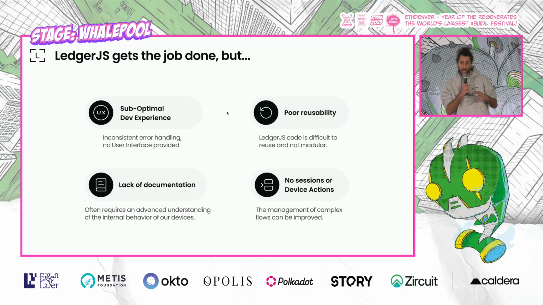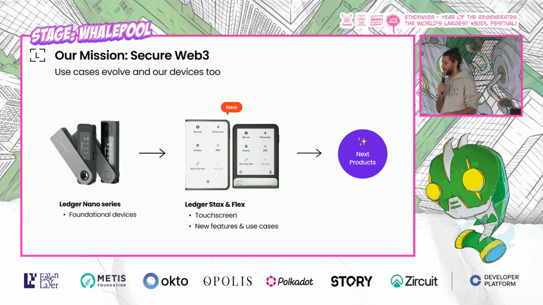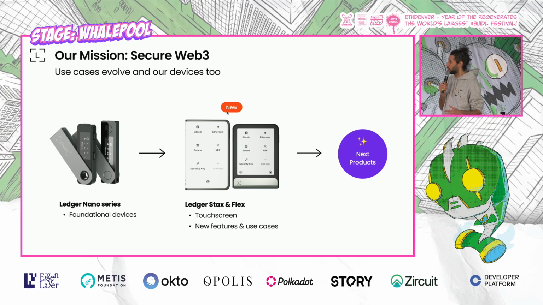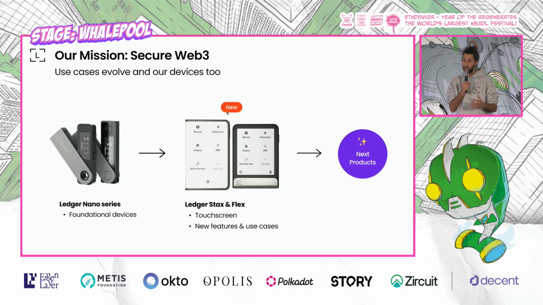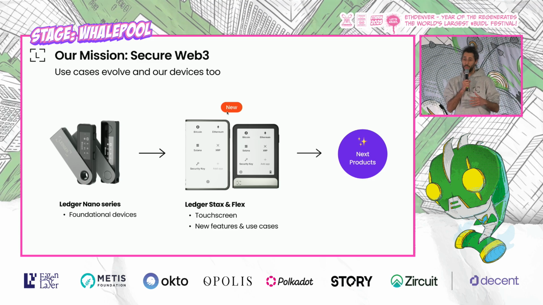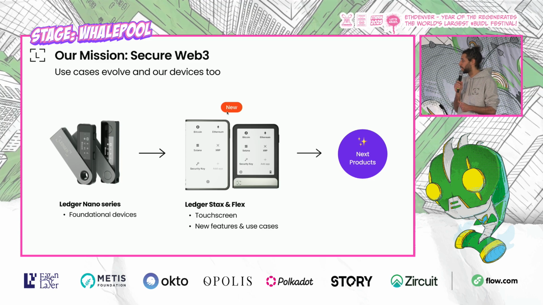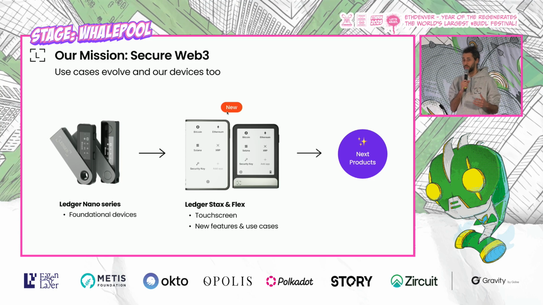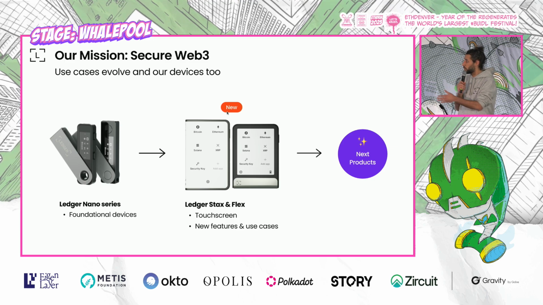We really wanted to tackle those things because as the ecosystem grew, so did the use cases. In 2016, 2017, it was mostly about hodling, and we had the right devices for this. But with smart contracts and DeFi taking off, we're seeing more and more use cases, so we updated our hardware with brand new devices.